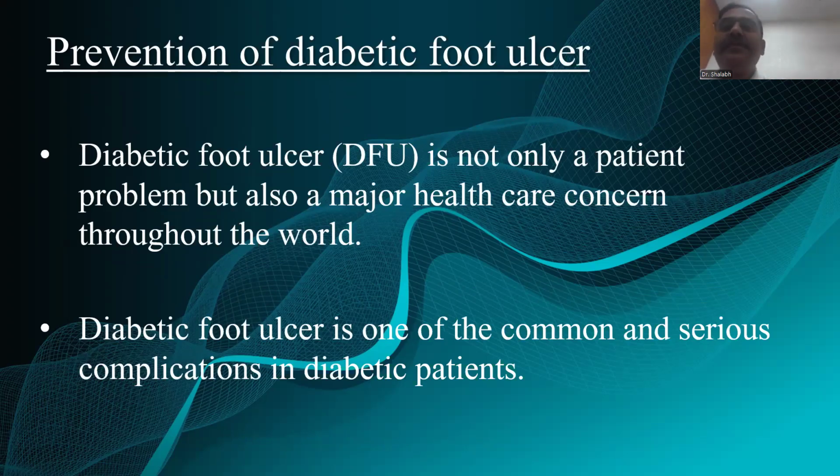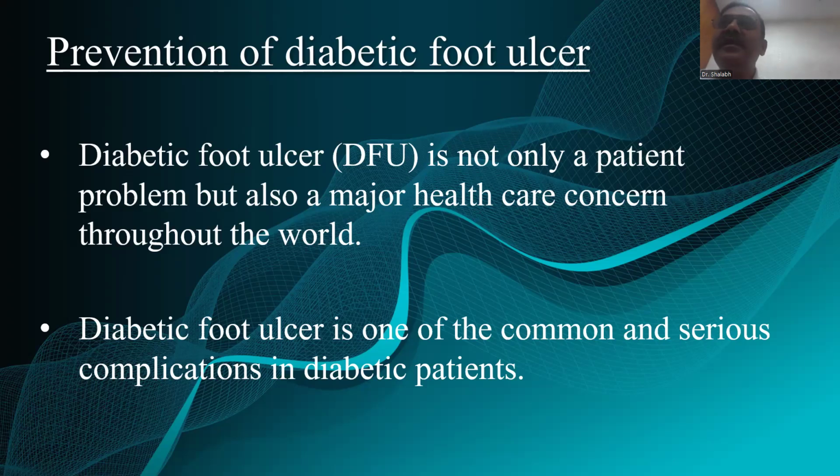Diabetic foot ulcer is one of the most common complications in diabetic patients, and probably the least discussed. Whenever the patient with diabetes comes to the hospital, the discussion with the patient usually is about controlling his cardiovascular disease or his cholesterol or taking care of the eyes.